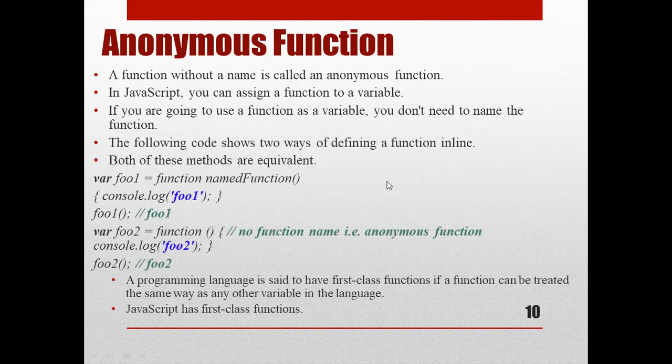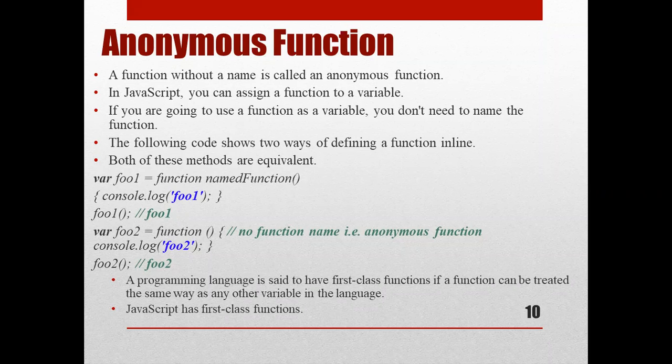Then anonymous function. What is an anonymous function? We have seen that a function without a name is called an anonymous function. In JavaScript, we can assign a function to a variable. How can we assign that function to a variable? We will see here.